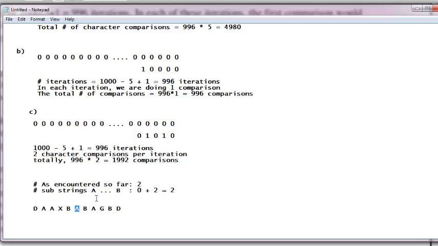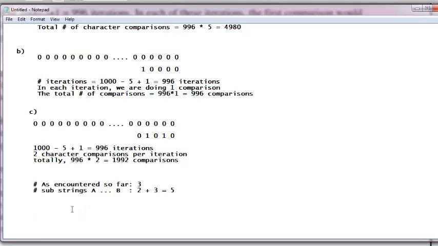So this is a third A you have seen so far, and this is now another B. So once you hit a B, the number of substrings is the number you had so far, which is 2, and then this 3, the number of A's, which is 5.